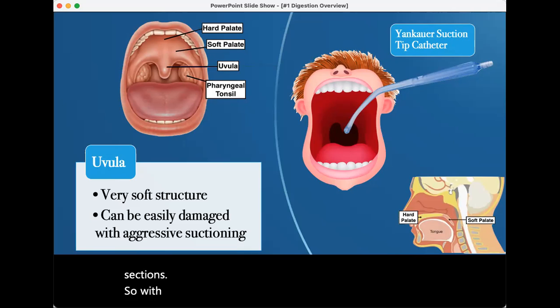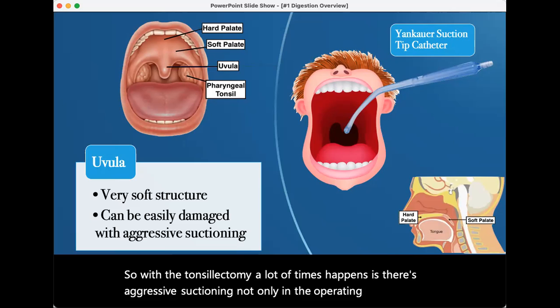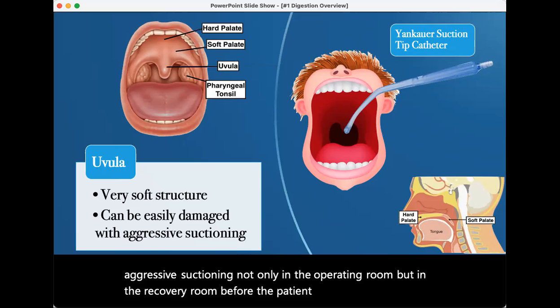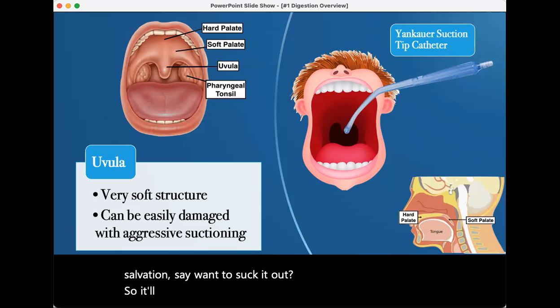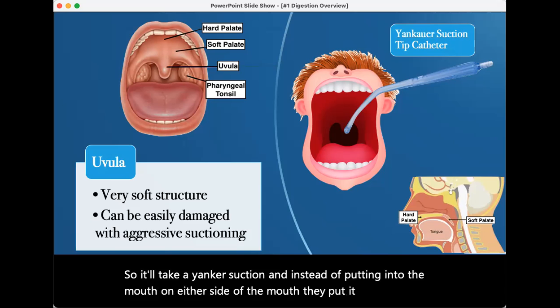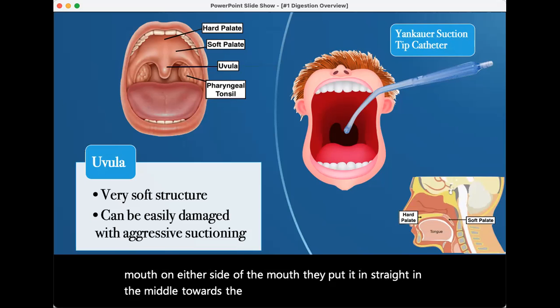With a tonsillectomy, a lot of times there's aggressive suctioning, not only in the operating room but in the recovery room before the patient is totally awake, because there might be more bleeding and salivation, so they want to suck it out. So they'll take a Yankauer suction, and instead of putting it into the mouth on either side, they put it in straight in the middle towards the back. And that increases the risk for having this uvula hematoma.